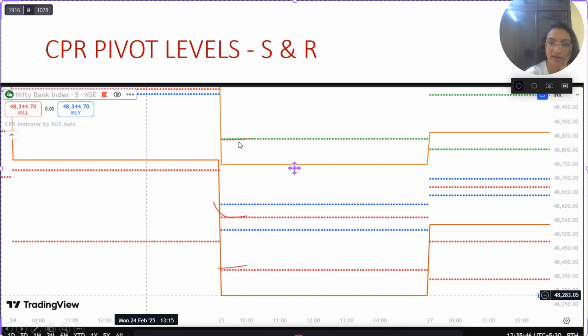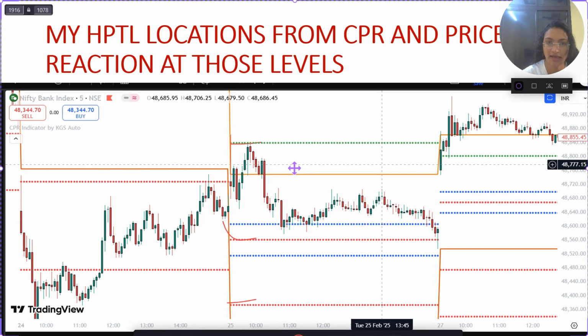These red lines you can see are highly profitable trade locations that come from the concept of CPR pivot points. Now I would like to see how the price is reacting at these particular levels. Once I am convinced that this is going to be on my side, I am going to take the trade. This is how I actually trade the markets.